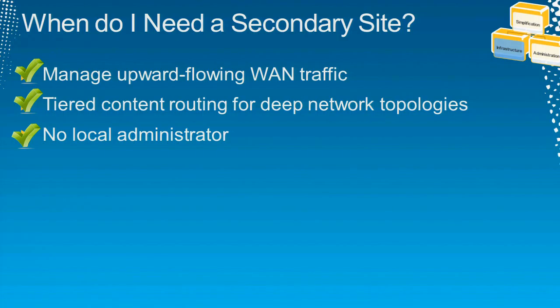So one secondary site can provide content to another secondary site, because that's the way your WAN link flows, even though those two secondaries report to a single parent primary site. And obviously there are no local administrators, because secondary sites don't have admin consoles and can't have admin consoles. So really, it's when you want to control client traffic that you want a secondary site.